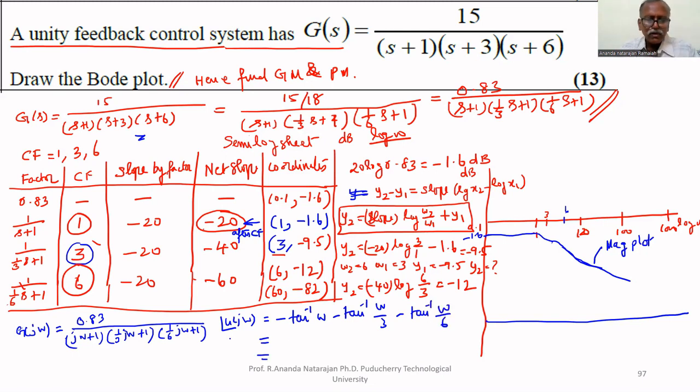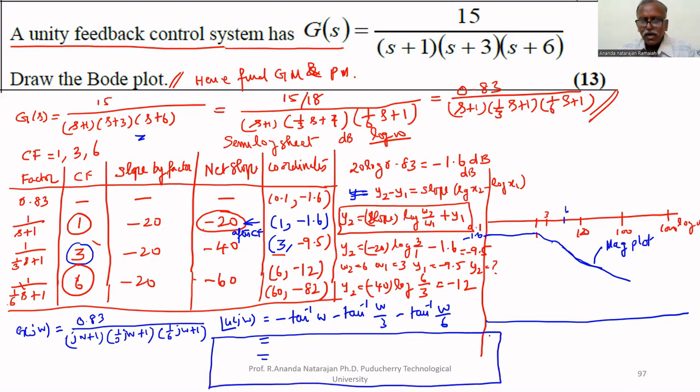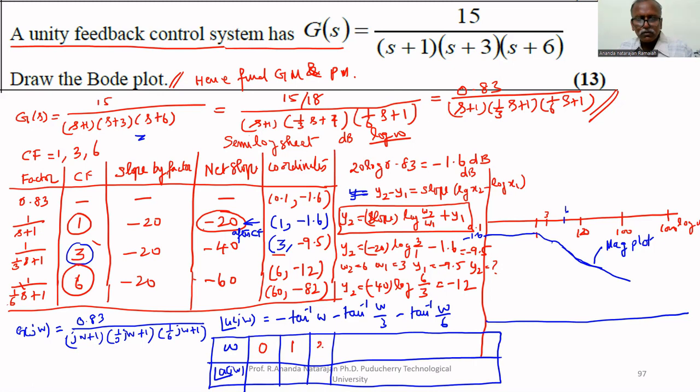So we have to draw a table of entries: omega and angle of G of j omega. The omega values are 0, 1, 3, 6, and infinity.